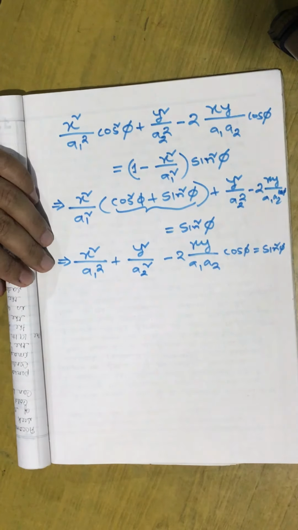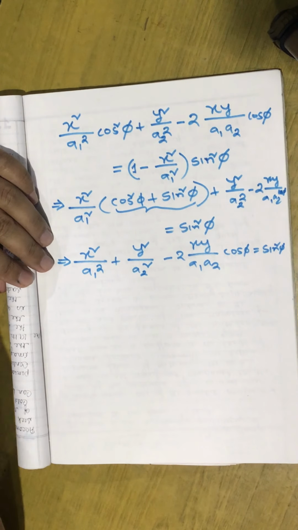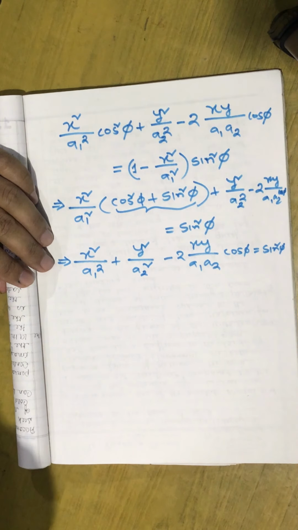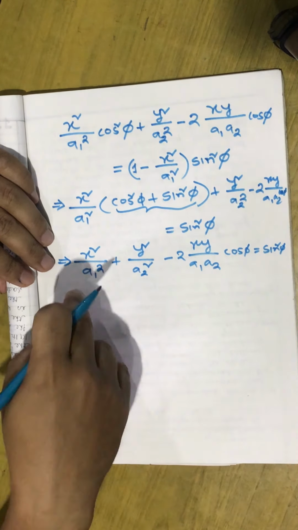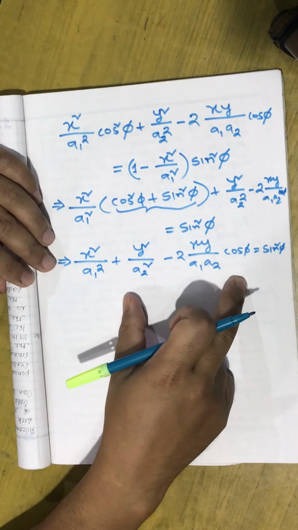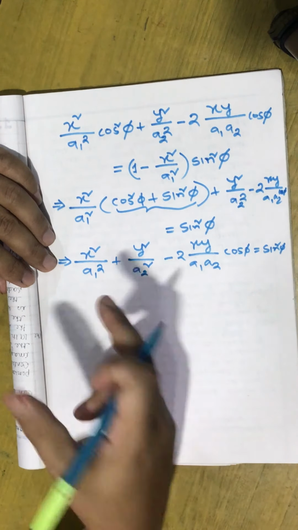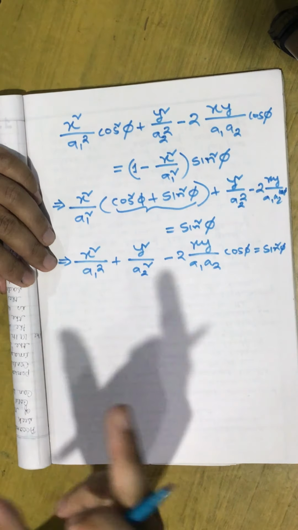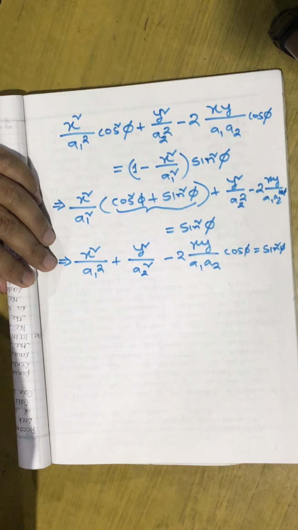So this is the resultant equation of motion. When two simple harmonic motions traveling in perpendicular directions superimpose, this is the final equation of the resultant simple harmonic motion.